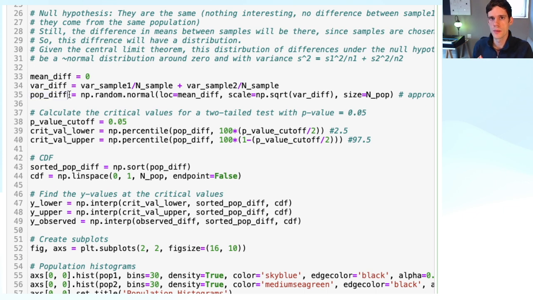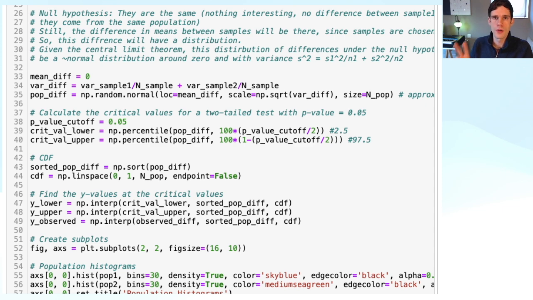Now, this approximation will reflect itself in the eventual p-value that we will compute and compare with the built-in p-value from Python. Now, we will also see that by changing and tuning the parameters, most notably increasing the sample size of our samples, this approximation becomes better and better. And our two p-values that we compute will converge. So just keep this in mind for later.